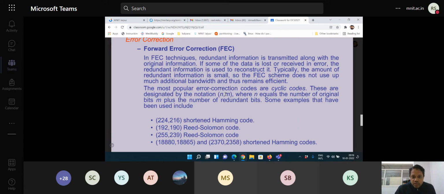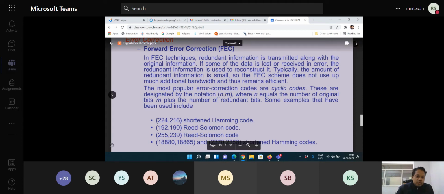So n contains some additional redundant bits which help in error correction. These are some of the error correction codes that are popularly used in communication systems, not just optical communications, but general communication systems.